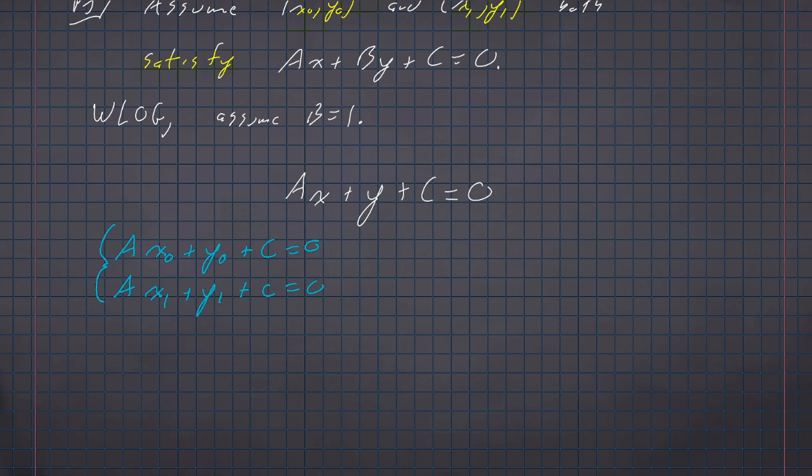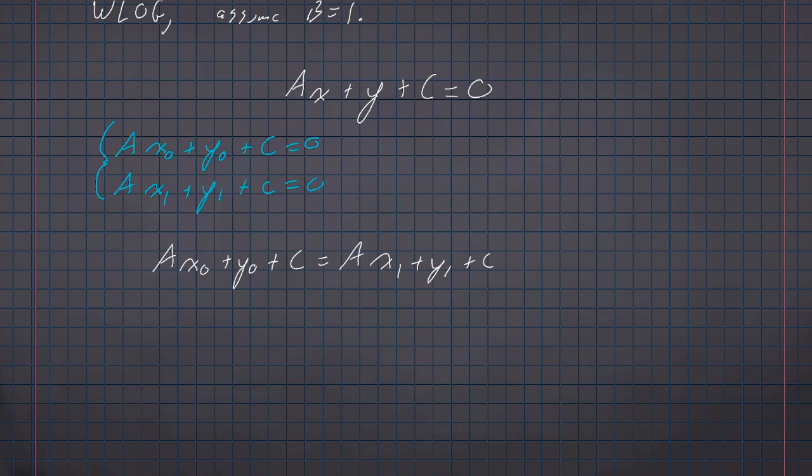The first thing I'm going to do in that process of solving is use the transitive property of equality to say that each of these left-hand sides is equal to 0. And if 2 things are each equal to the same thing, then they must be equal to each other, giving me a x naught plus y naught plus c is equal to a x1 plus y1 plus c. All right.